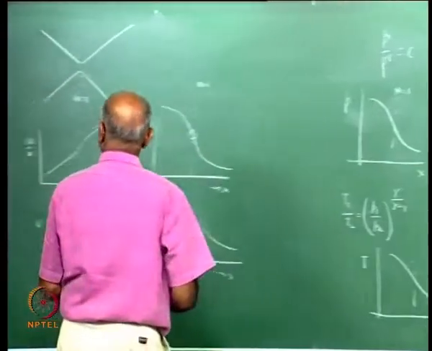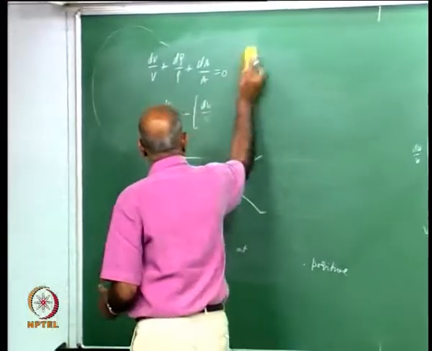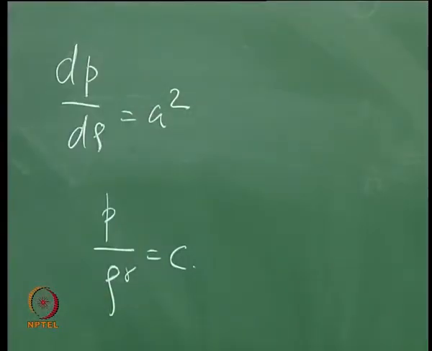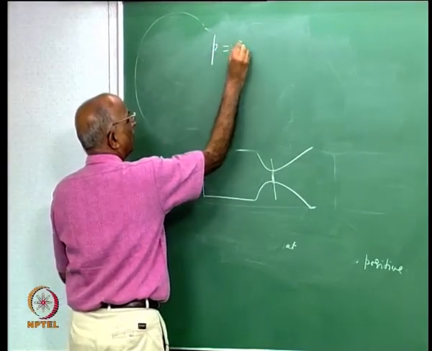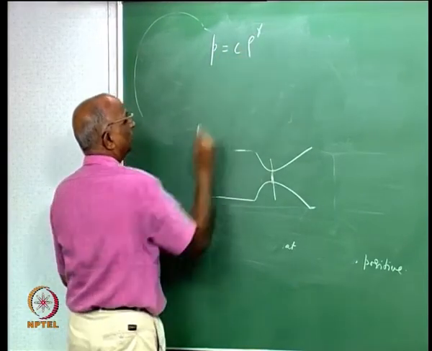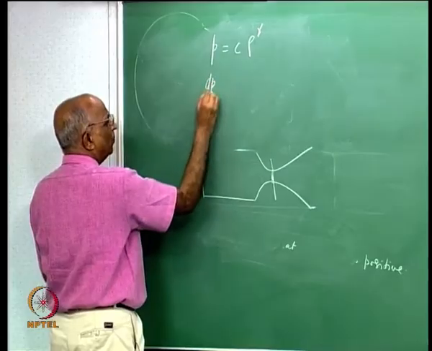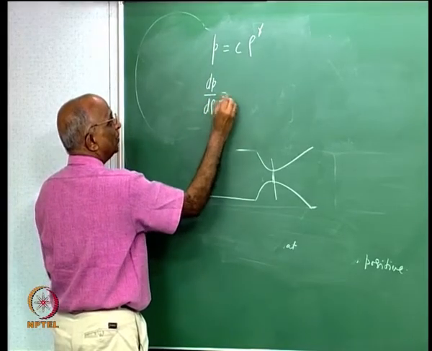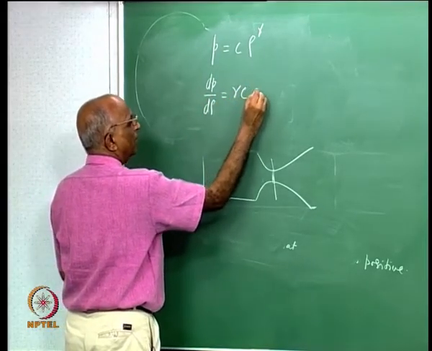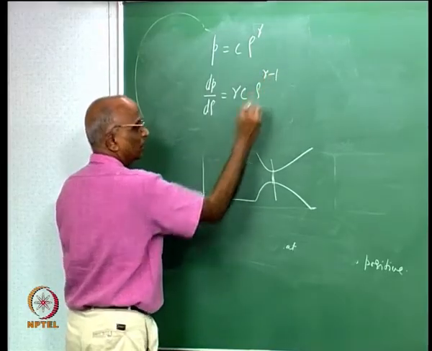Therefore what is a squared? Let's write that out. P is equal to a constant times rho to the power gamma, therefore dP by d rho is equal to gamma c into rho to the power gamma minus 1.